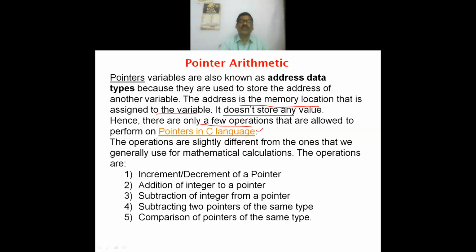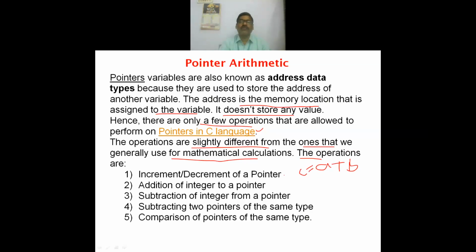These operations are slightly different from the normal operations we can do on normal variables, just like basic integer variables. If a, b and c are integer variables, you can add two integer variables. But similar to that, we cannot directly do such operations on pointers. There are some limitations.